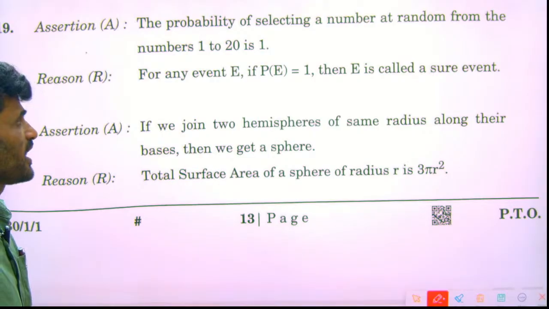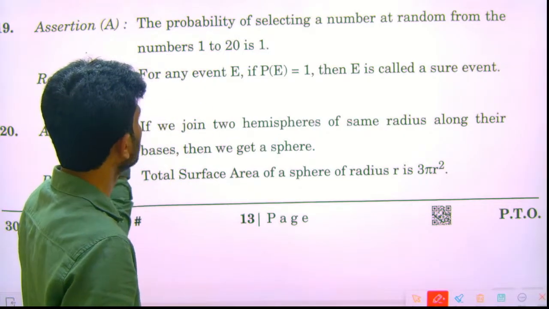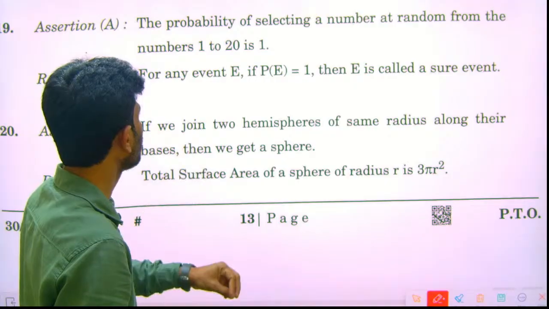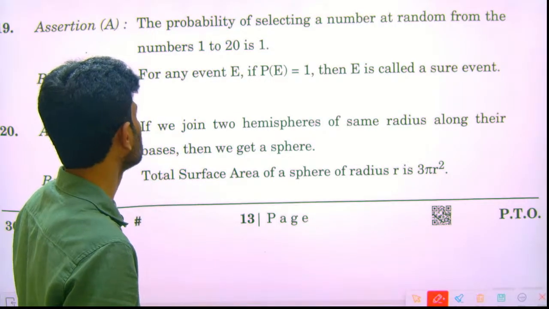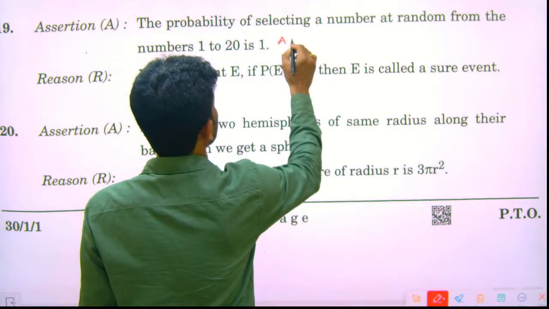Probability of selecting a number randomly from 1 to 20 is 1 only, because any number can be taken, any number can be selected. All the total positive outcomes are favorable outcomes there. Probability will be 1. This is true. Assertion is true.